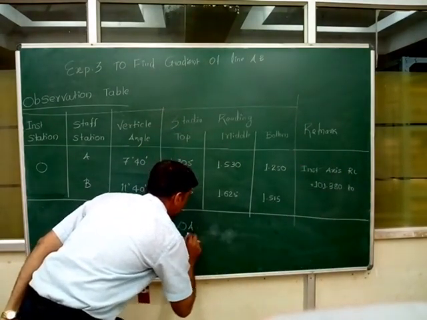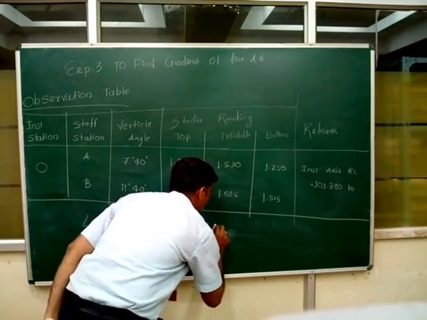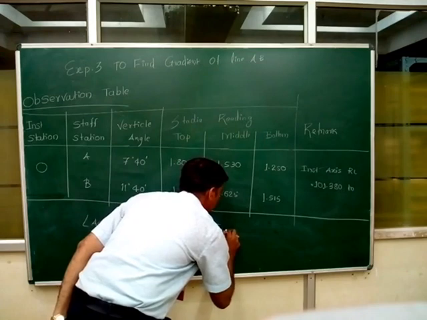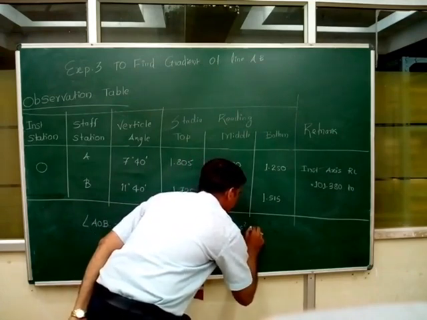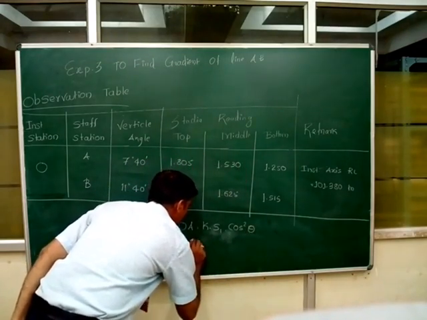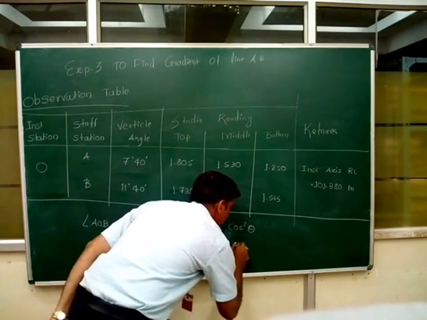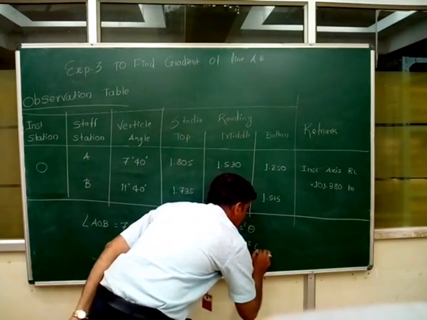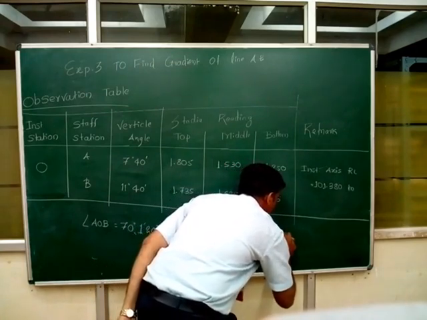OA formula is K S1 into cos square of theta, and OB is K S2 into cos square of theta plus C cos of theta.